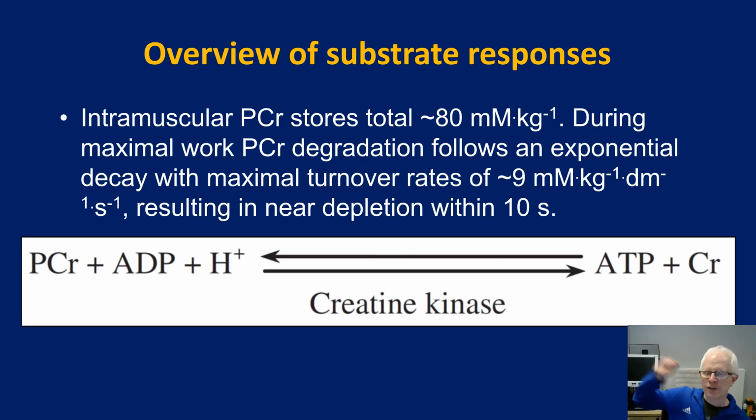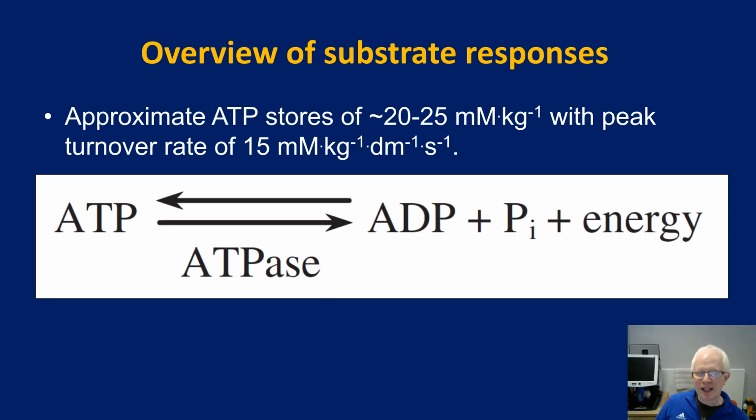Remember that we want to add a phosphate molecule to ADP, and by doing that we get back to ATP, and we have creatine. All the creatine is saying is that we've donated a phosphate molecule from PCr. Once we've got the ATP, it goes back into this reaction, it's added to water in the presence of ATPase, we split the molecule, and we get ADP, Pi and energy.